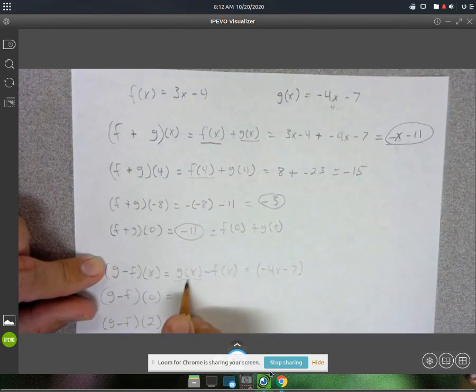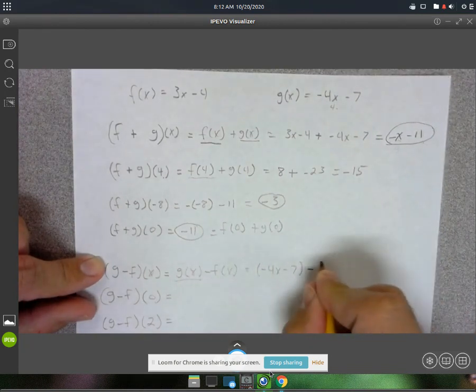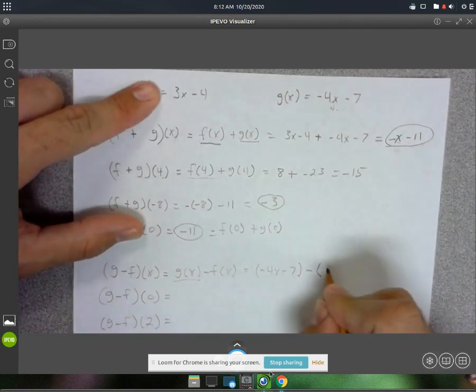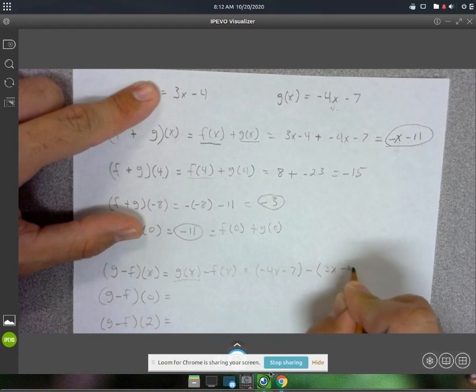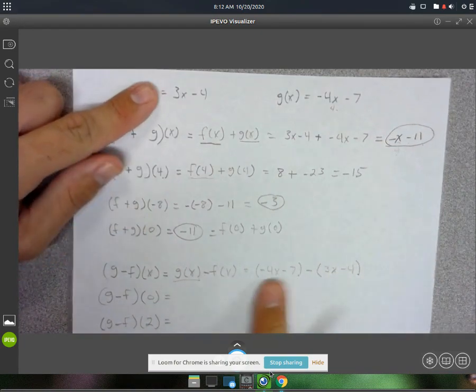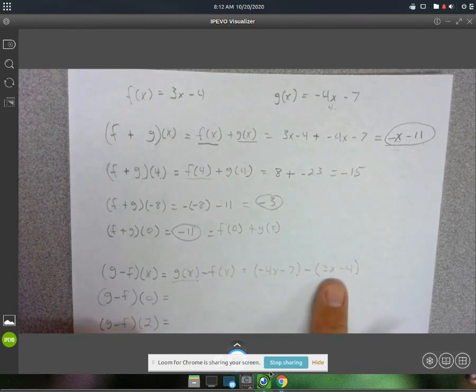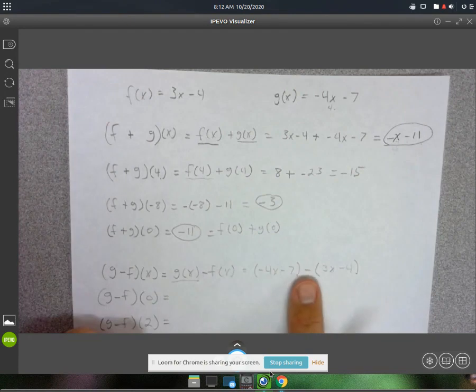That's my g of x, and then a minus sign, and then f of x, which I'm going to put in parentheses: 3x minus 4. See, the first set of parentheses you actually don't have to have, but the second one you do, because you're minusing this whole thing. So you're going to have to distribute a -1 to each sign in here.